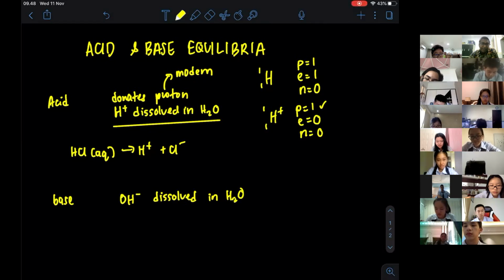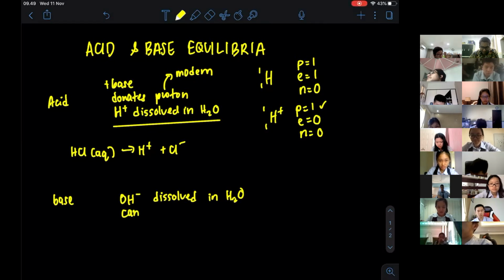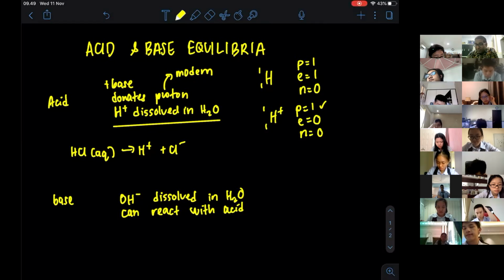And then they also mentioned that acid is something that reacts with base. So they also say that a base can react with acid, or base is something that can neutralize the acid. So they used that as a definition last time.